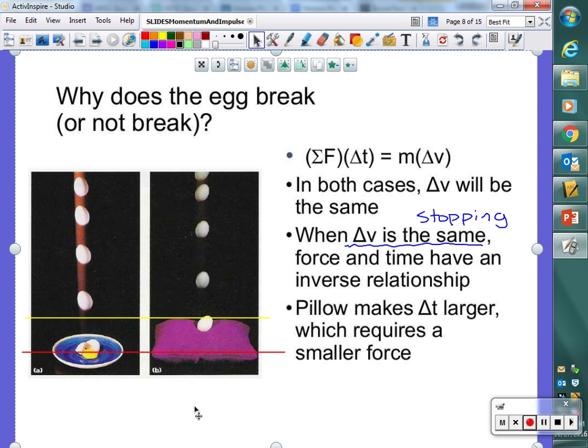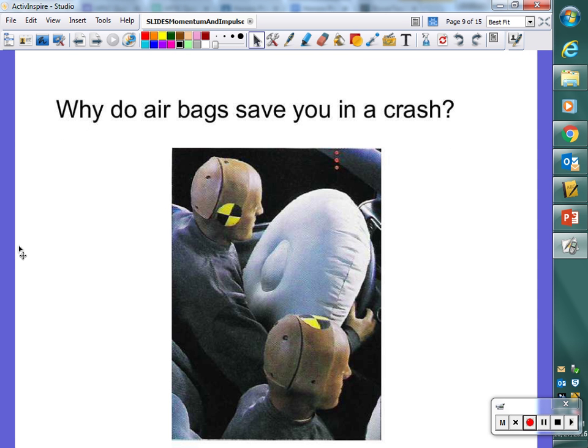So, another practical example: airbags and seatbelts. Okay? What does the airbag or the seatbelt do to you? It stops you, but what happens while it's stopping you? It's like stopping your inertia, right?